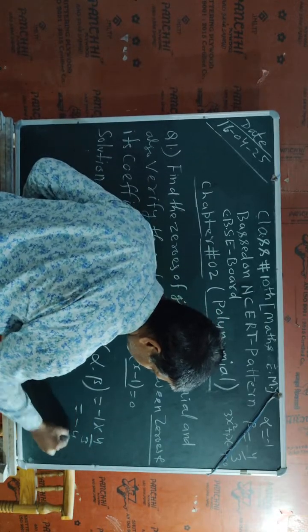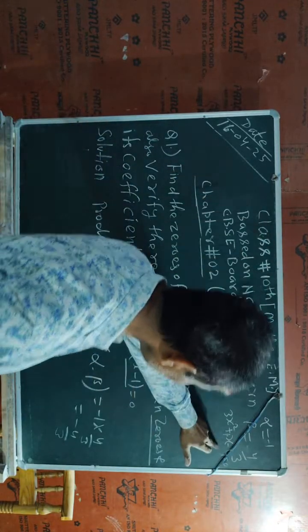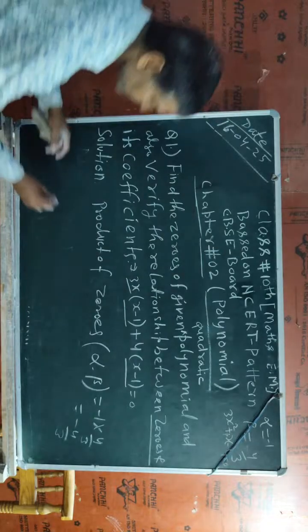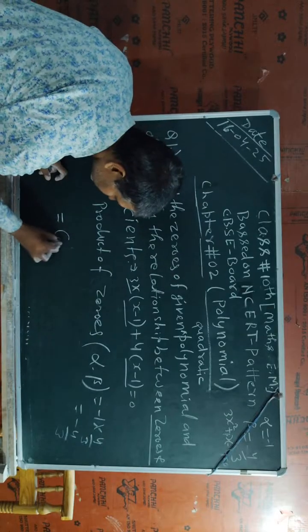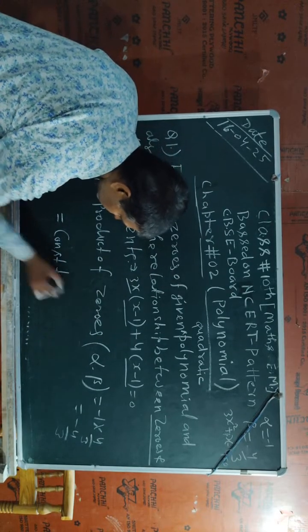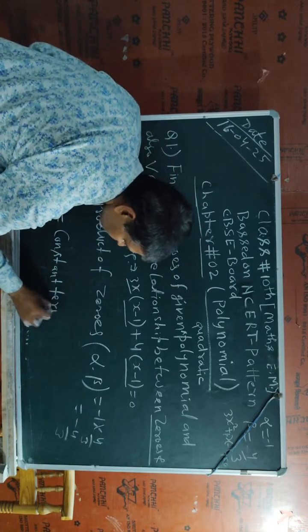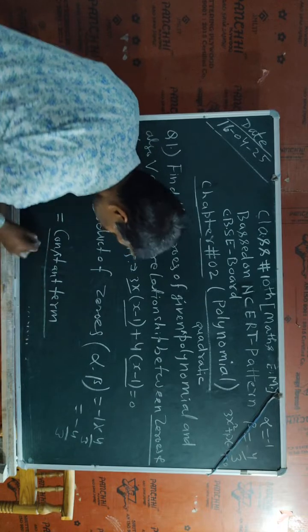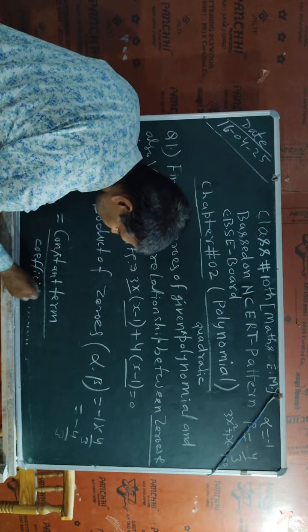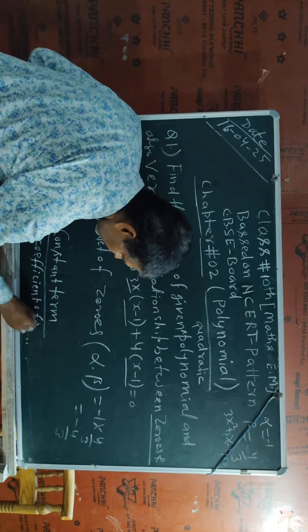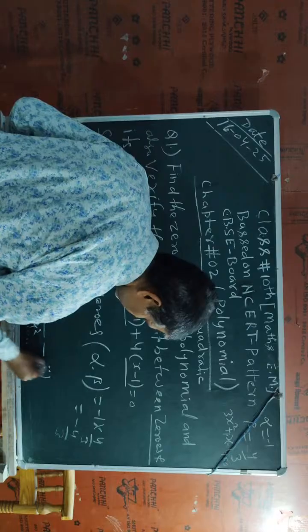It means that minus 4 divided by 3, that is the constant term divided by coefficient of x square. So this is the information number 2.